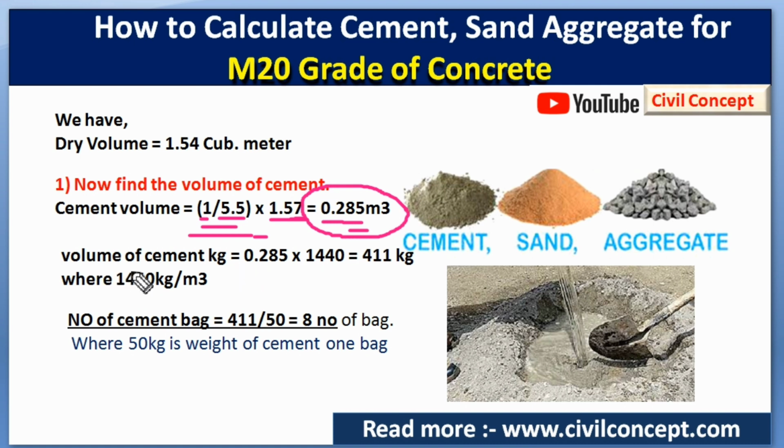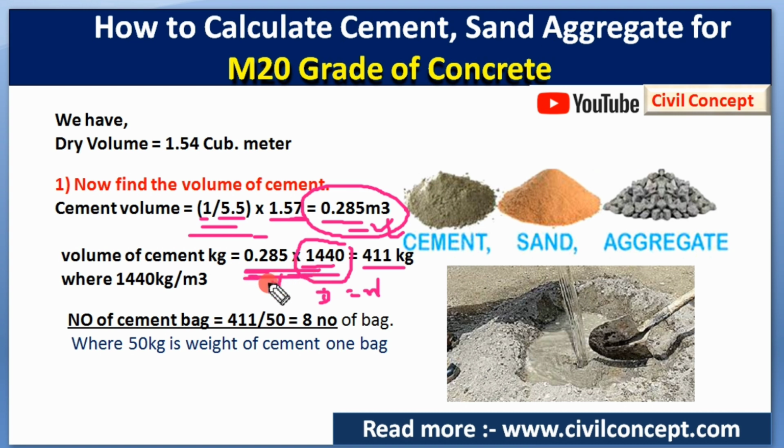We can convert it into kg of cement because we get the cement in bags, in kg. To convert the volume of cement into kg, we multiply it by 1440, because this is the density of the cement. Volume into density gives weight.